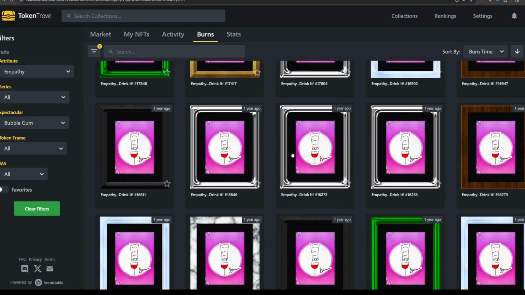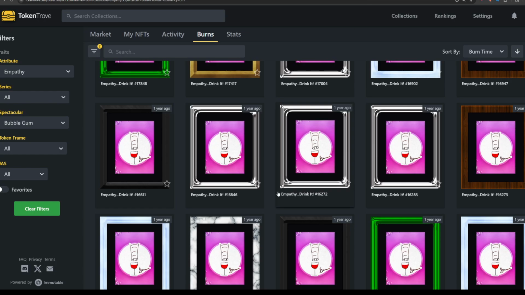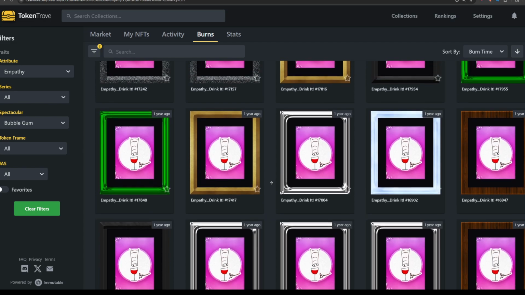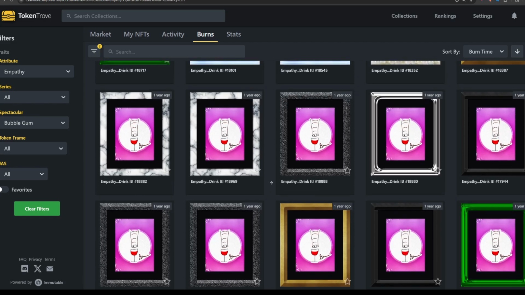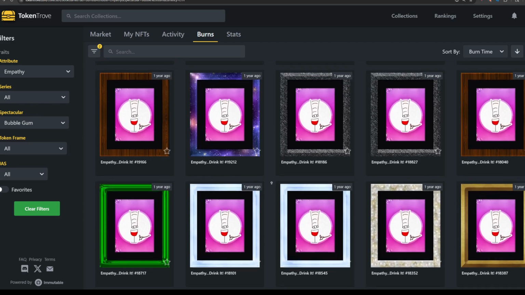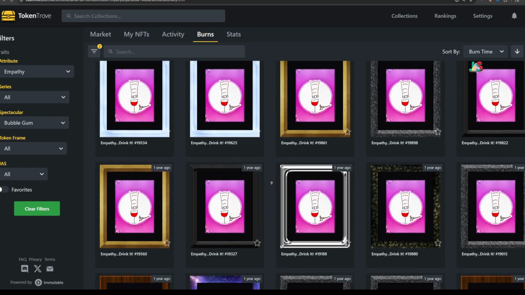We came here to burn this token count supply sheet into our mind. But I guess that starts with burning in what it means to be burned. A token burning is when it's sent to a dead wallet where auspiciously we're not expecting an emerald empathy bubblegum.